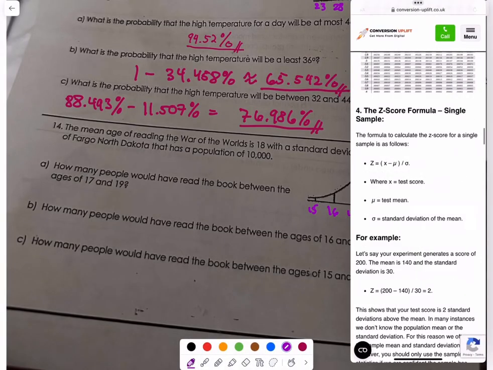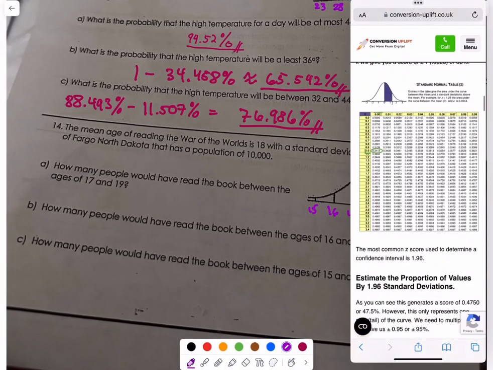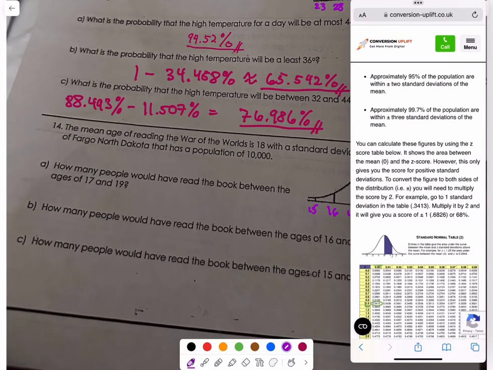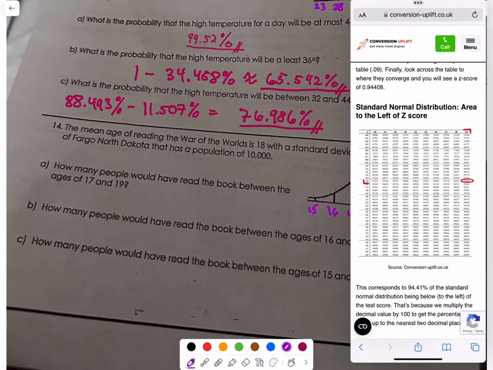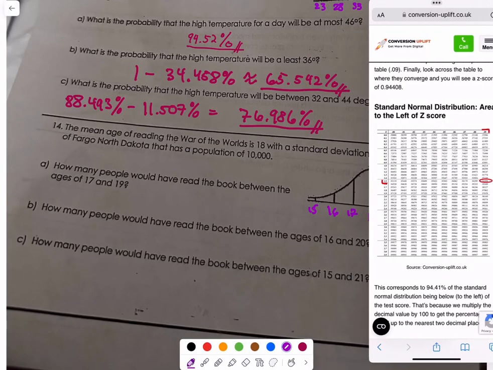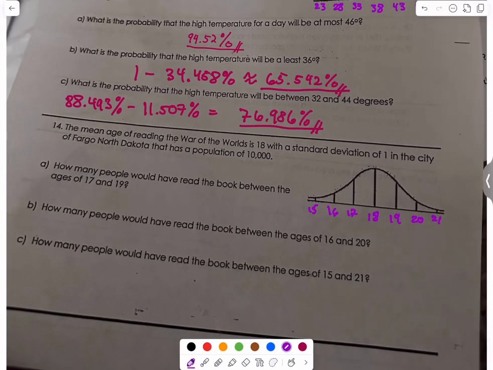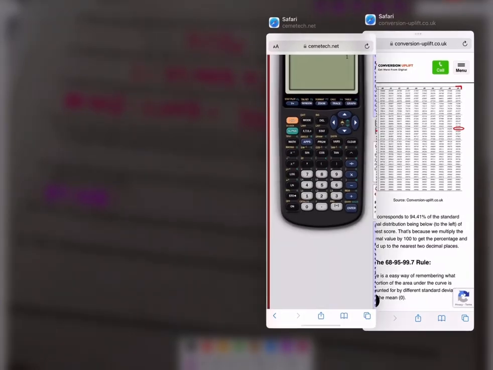So if we go back to our positive z-score, 84,134. So then 84.134% minus, I think we're going to get -1 for that other one, but let's just confirm.